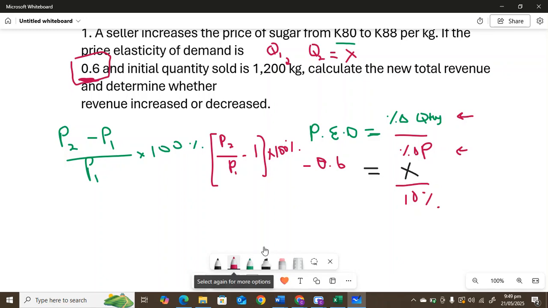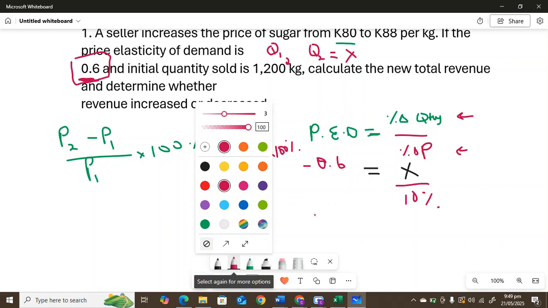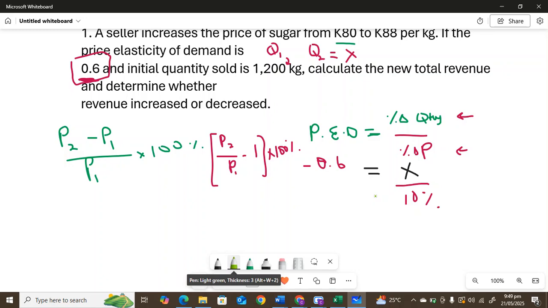And how do we do that here? So we cross multiply here, right? 10% times negative 0.6, you get negative 6%.